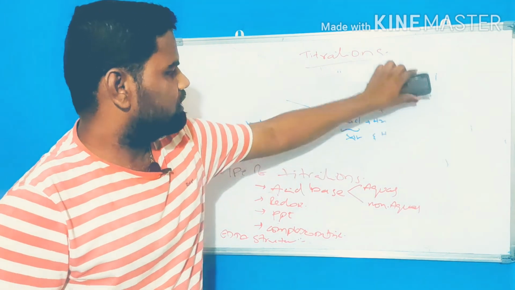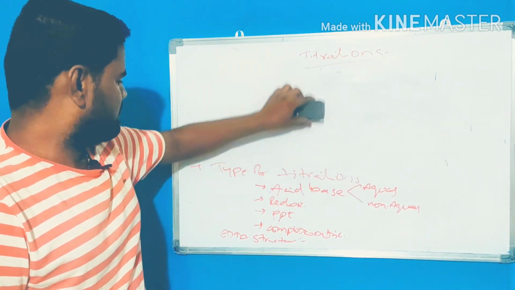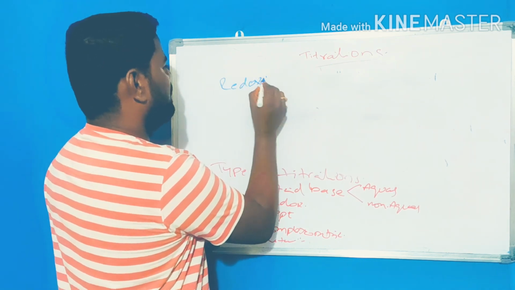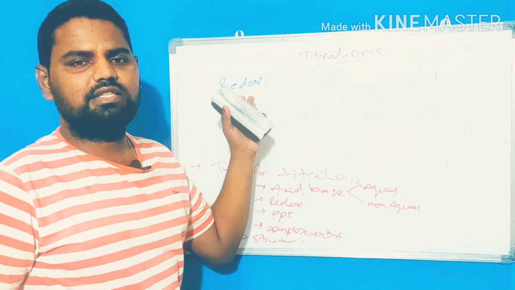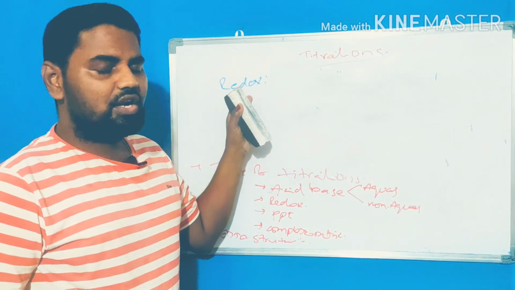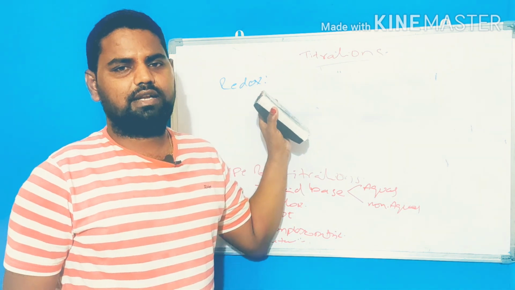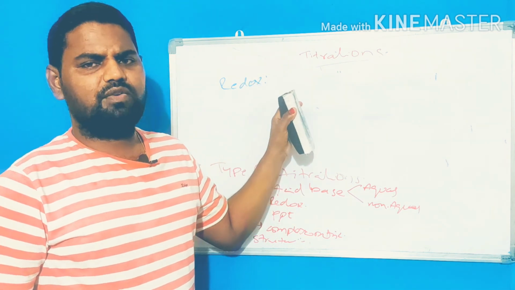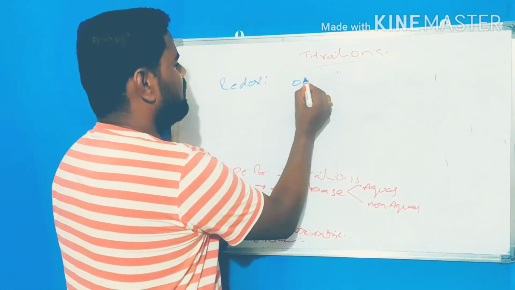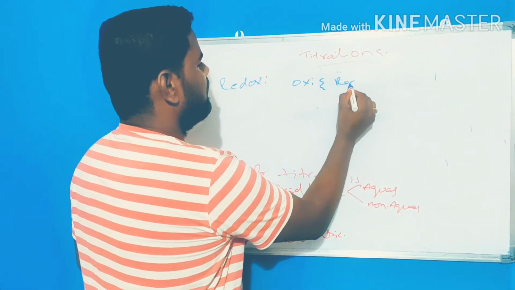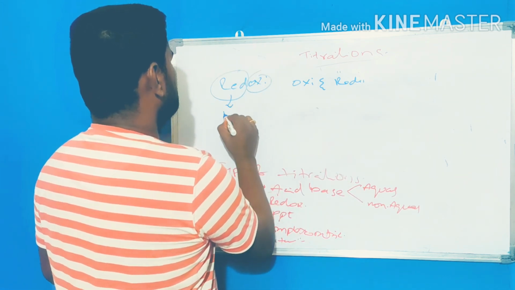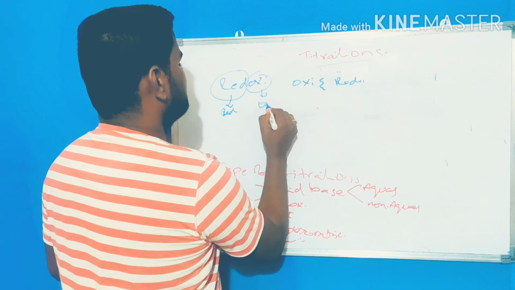Next, the second titration is redox titration. In redox titration, the reaction is between oxidant and reductant. Red means reductant, ox means oxidant.